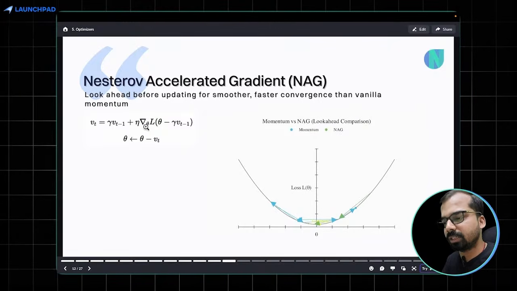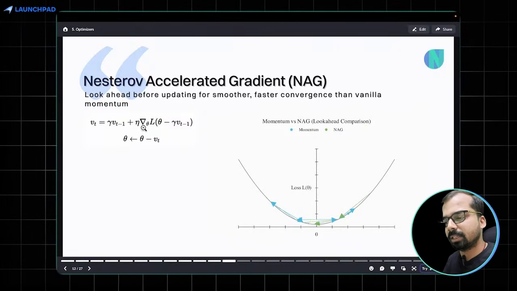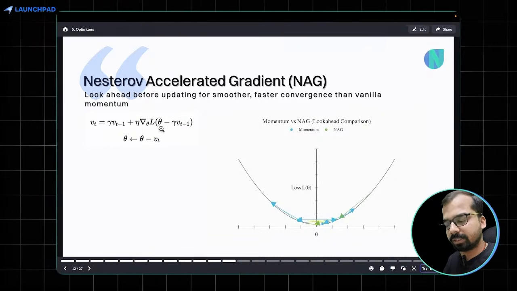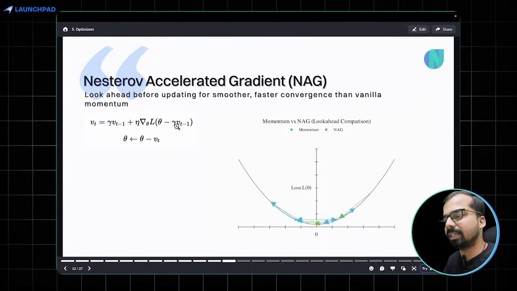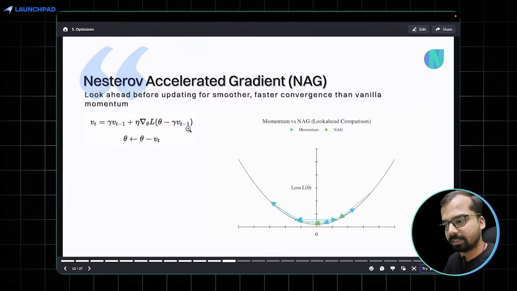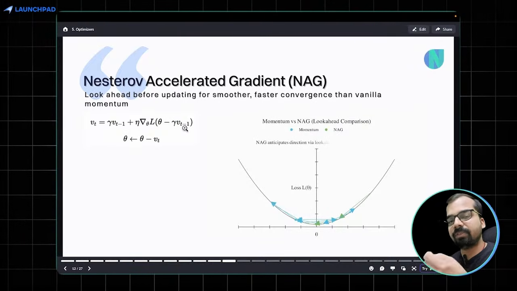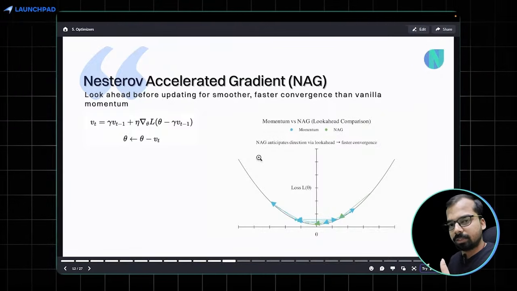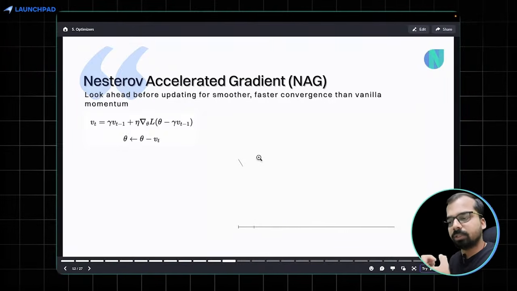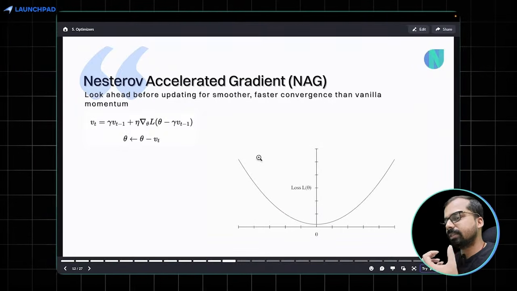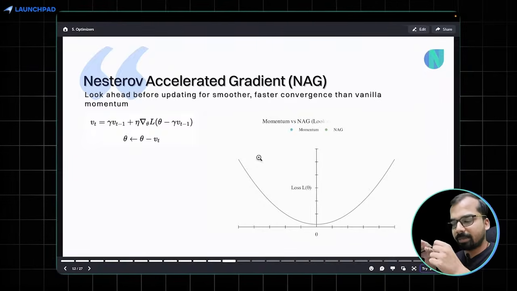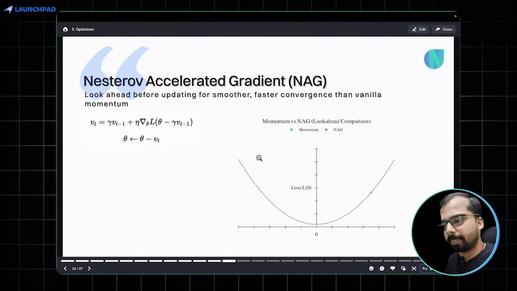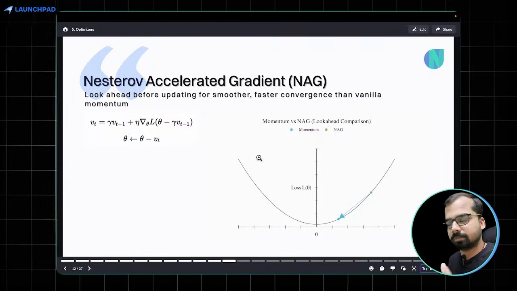That's why the equation is gamma times Vt minus 1 plus learning rate times the slope of the loss at theta minus gamma times Vt minus 1. Theta minus gamma times Vt minus 1 was the previous movement, right? So it is anticipating the direction by looking into the future also. That's why it results in faster convergence, and the oscillation that happens in momentum gets reduced. So it's much better compared to the previous algorithm.